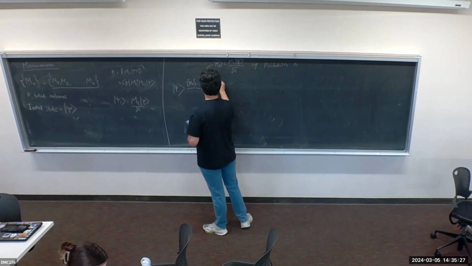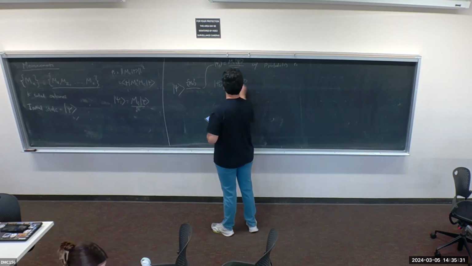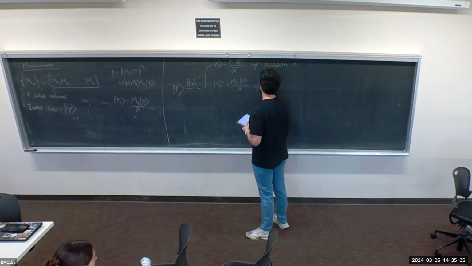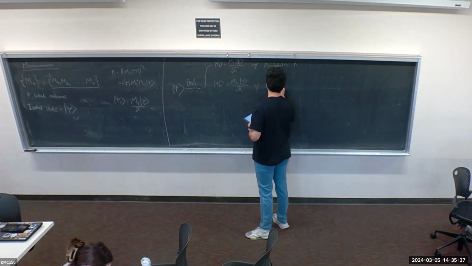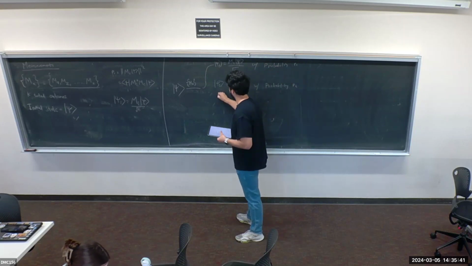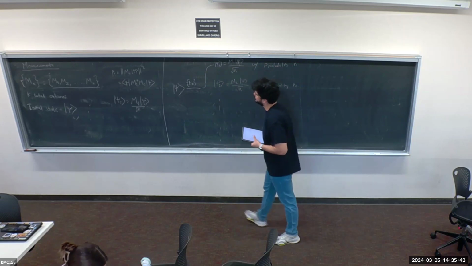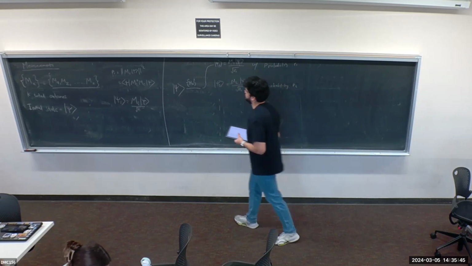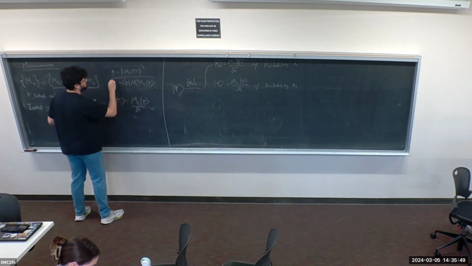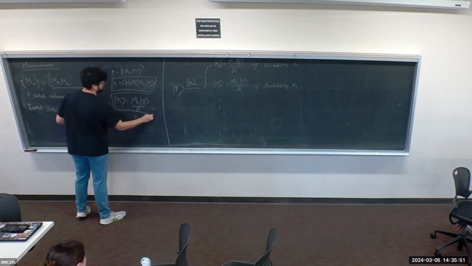Similarly, you can get state psi 2, which will be given with this formula, with probability p2, and so on. So you need to memorize this.